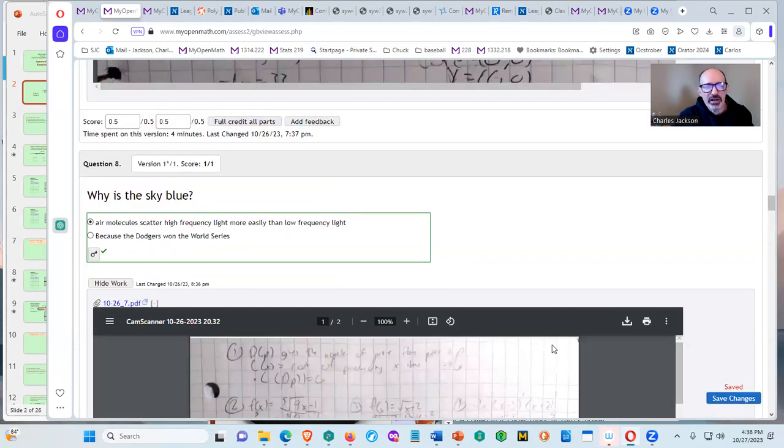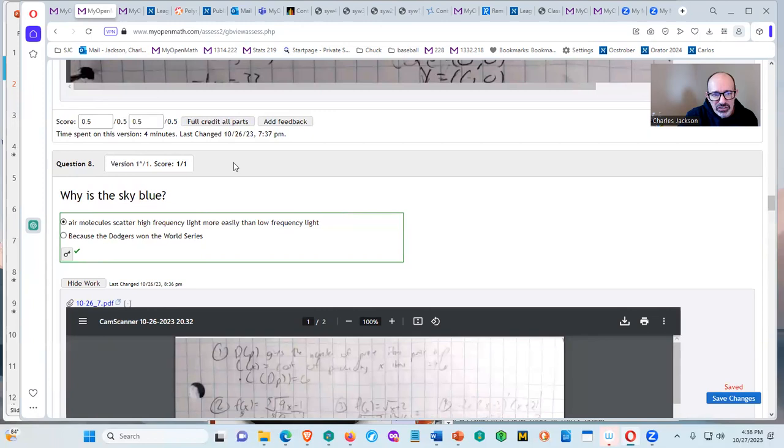A question came in about these why is the sky blue things, and the guy was afraid that they really were real questions. At first he thought they weren't real questions, but then he became afraid that they were, but they're not real questions. They're just placeholders because we're not quizzing on learning target 8 yet.